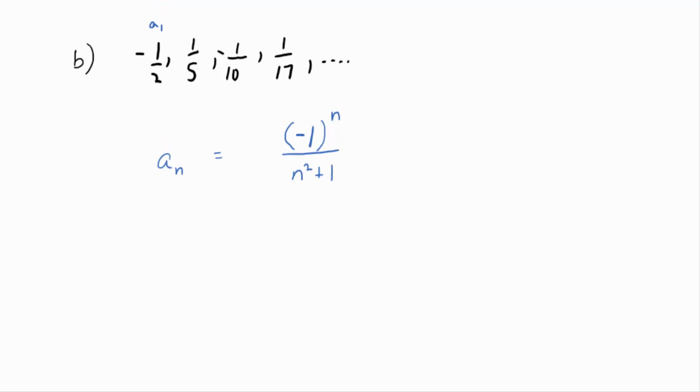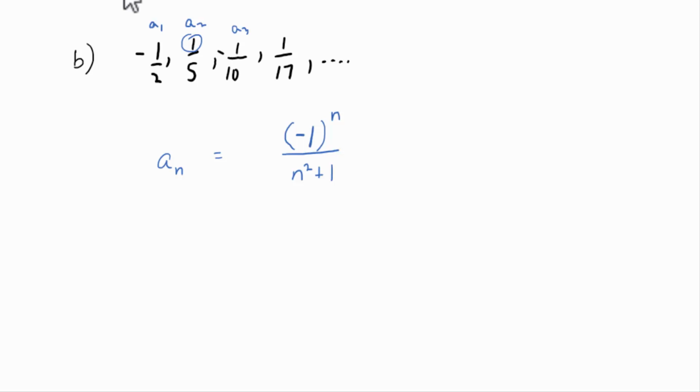If you plug in 1, certainly you do get negative 1, right? Negative 1 to the 1 power is negative 1. But if you plug in 2, for that numerator in a_2, you want positive 1. Is negative 1 squared positive 1? Yeah. And then if you plug in a 3, is negative 1 to the 3rd power negative 1? Yeah. So when n is even, you'll get the positive 1 in the numerator. When n is odd, you'll get the negative 1, so it works.